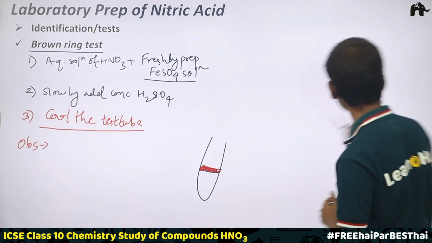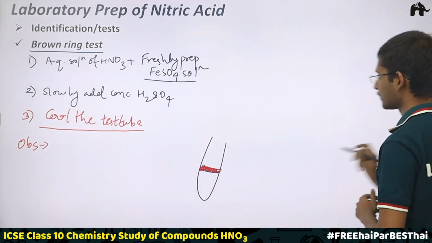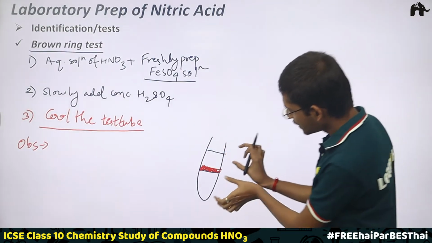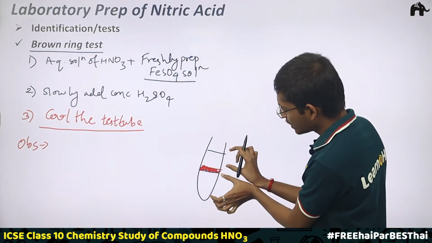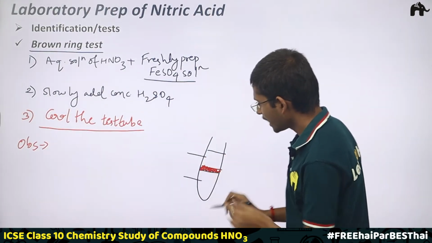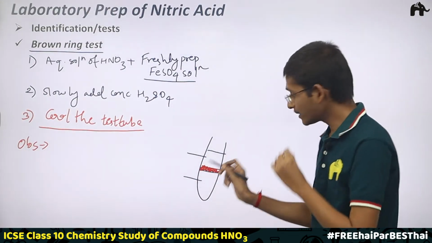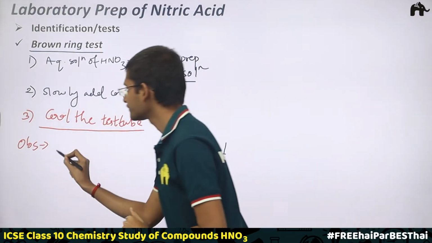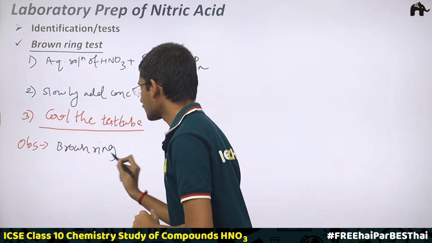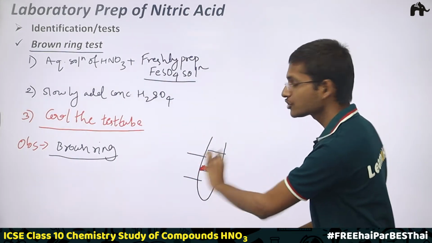I would see two layers of liquid, this and this, and in between these two layers I would observe this brown ring is formed, which is at the junction of these two liquids.